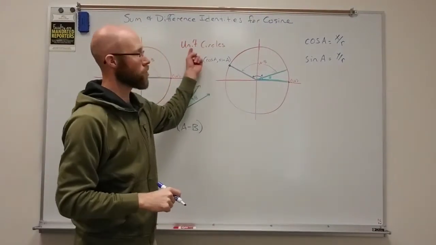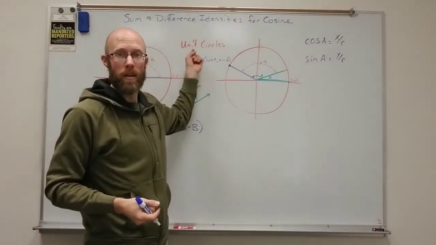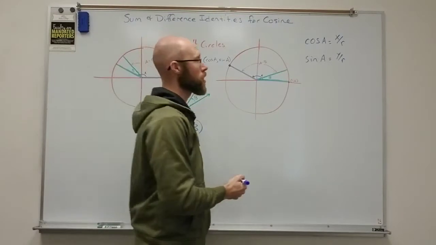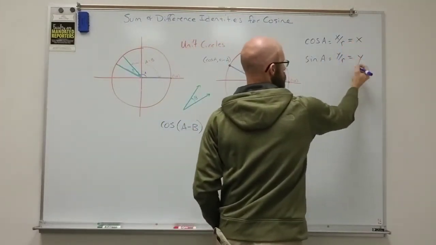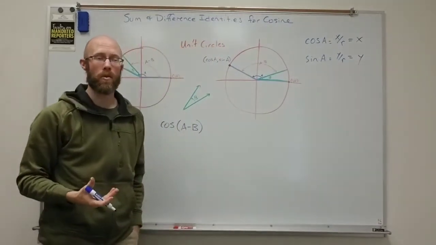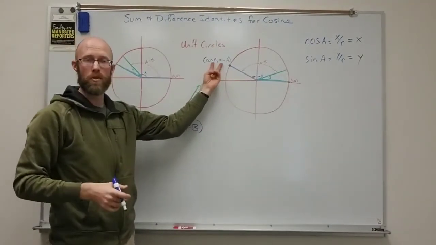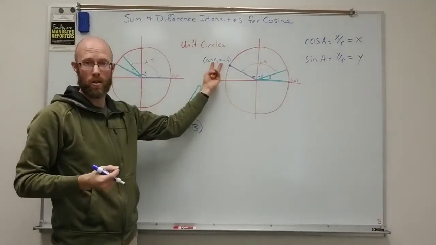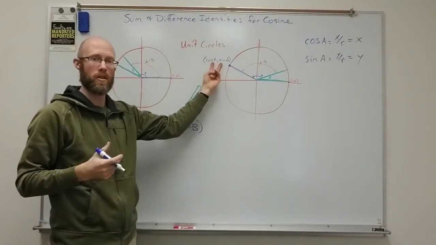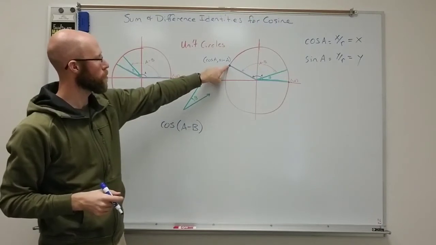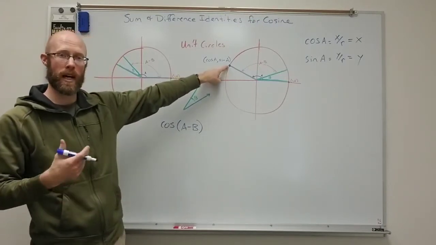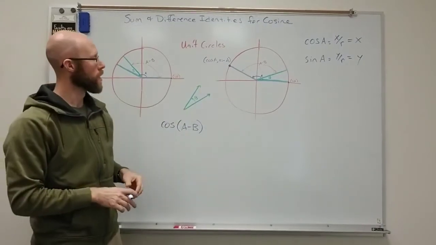But with a unit circle, the r value is 1. When you divide by 1, it doesn't change anything, so x over 1 is x, and y over 1 is y. And so that's how we find formulas for the x and y values on the unit circle. Okay, that works for the unit circle only. That's why that circle is so useful. Okay, so the coordinates of that point are the cosine of A, comma, sine of A.